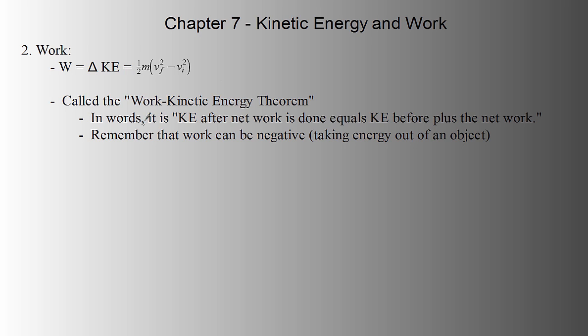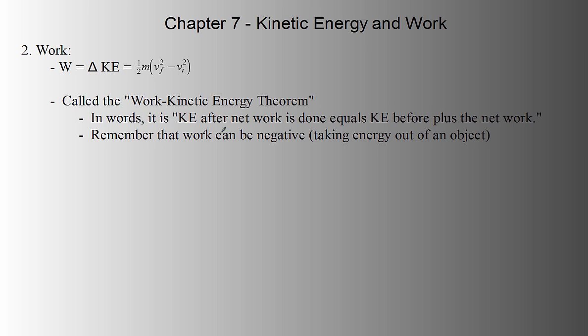To put it in words, it's basically the kinetic energy after the net work is done on something equals the kinetic energy the object had before plus the net work done on something. And remember that the kinetic energy after the net work is done could be less than the kinetic energy before.